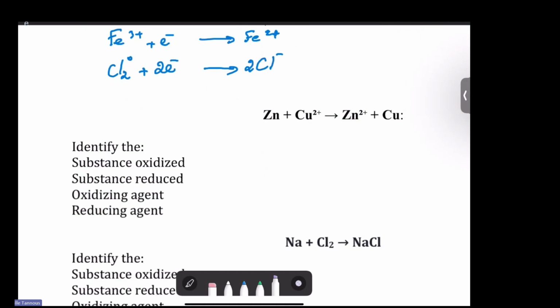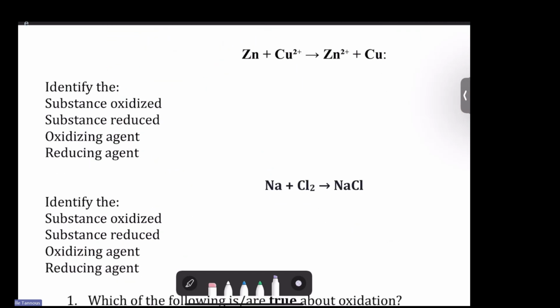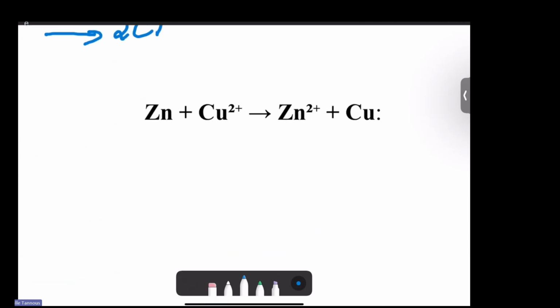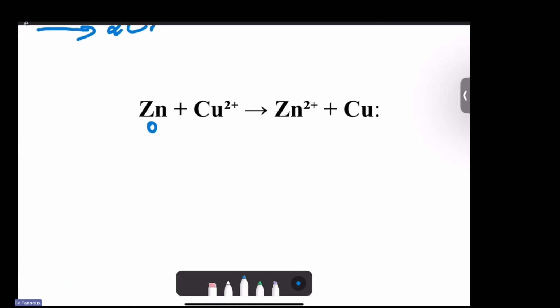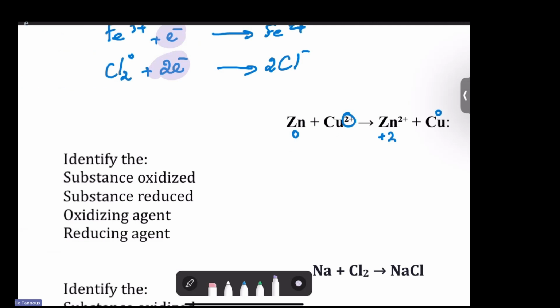We continue. Identify, this is a typical question: identify what's oxidized, what's reduced, the oxidizing agent and the reducing agent. And in order to answer this question, that's why we are learning the oxidation number. Free element, it turned 2+. I can stop here, I know now the answer. Or I can check the Cu2+ and 0. The zinc oxidation number increased.